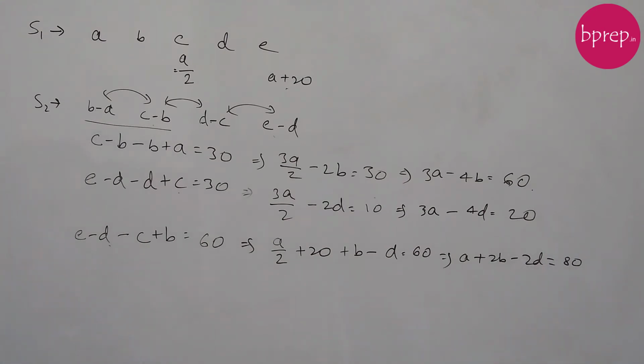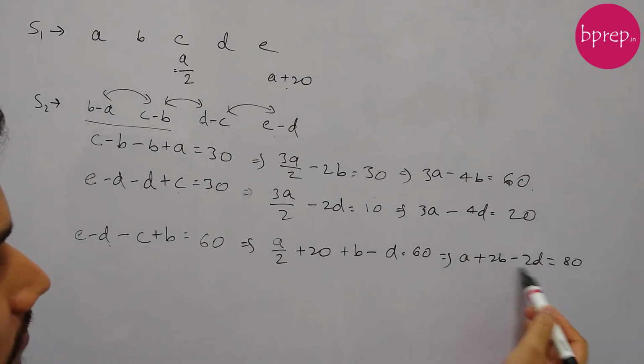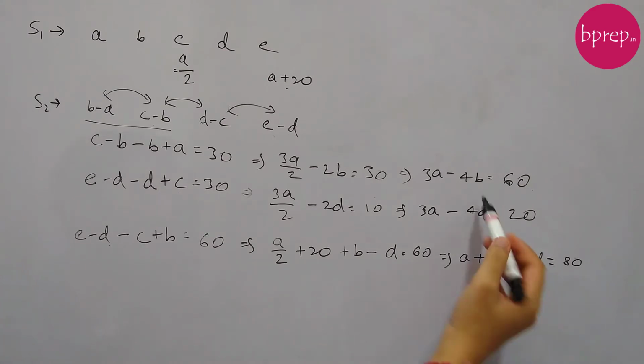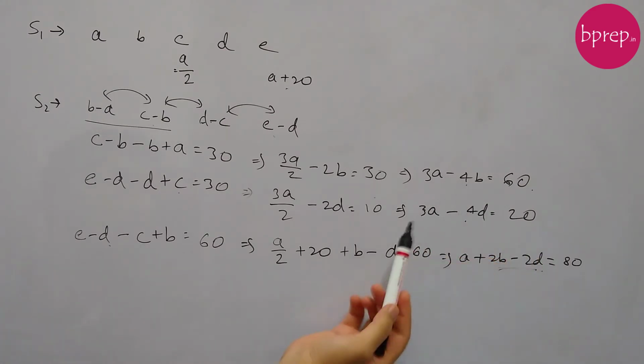Now here we have B minus D, and we have these two equations. Let this be equation 1, this 2, and this 3.